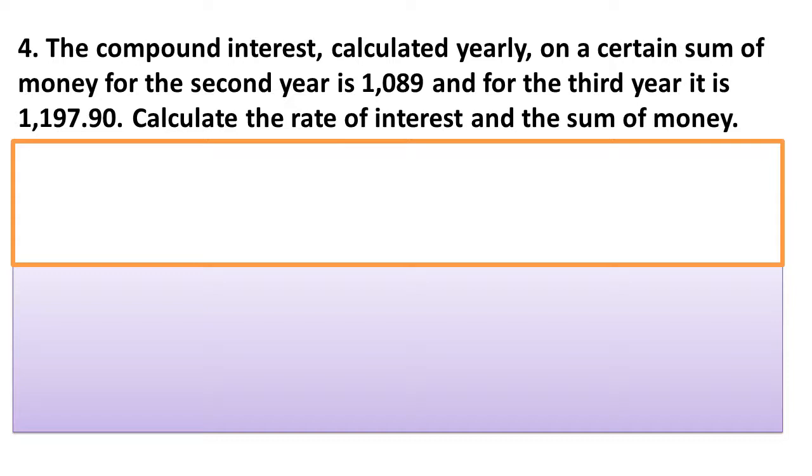After reading this question, it is very clear that the compound interest is given for 2 consecutive years. Compound interest for the second year is 1,089. Compound interest for the third year is 1,197.90. How to proceed? First step, we have to find the difference between these two given interests.